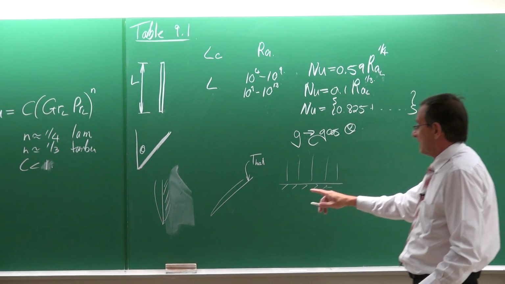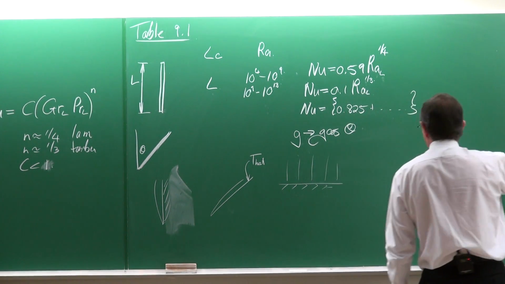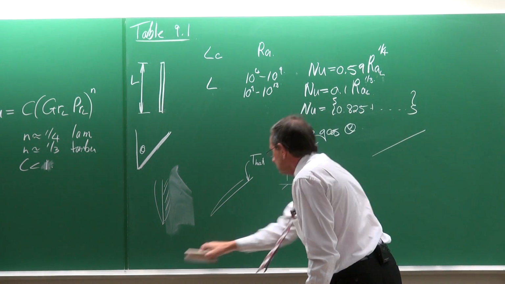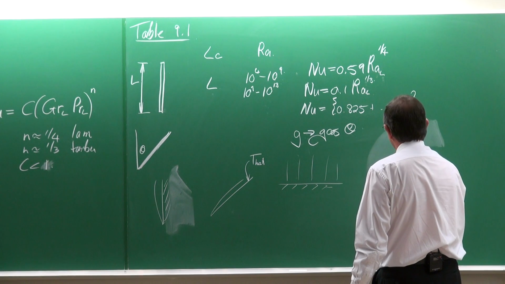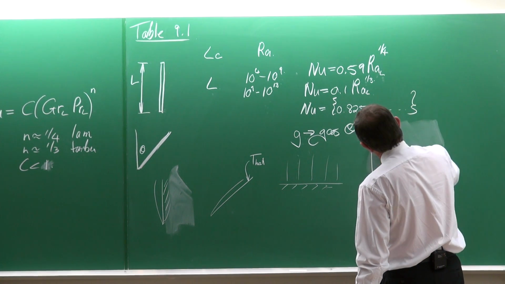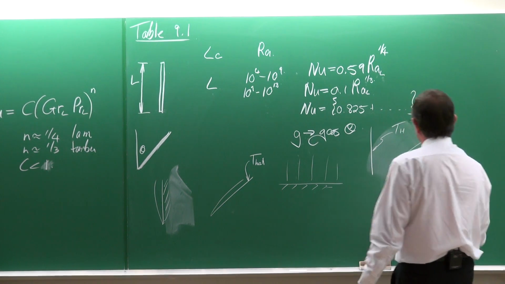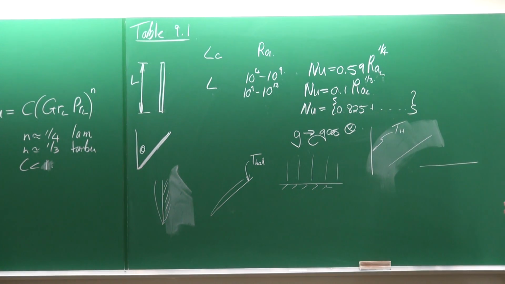Okay. But let's suppose the hot side was at the bottom. Okay, so that is now the hot side, T hot. And now we start tilting it. Okay, so the hot side is at the bottom.